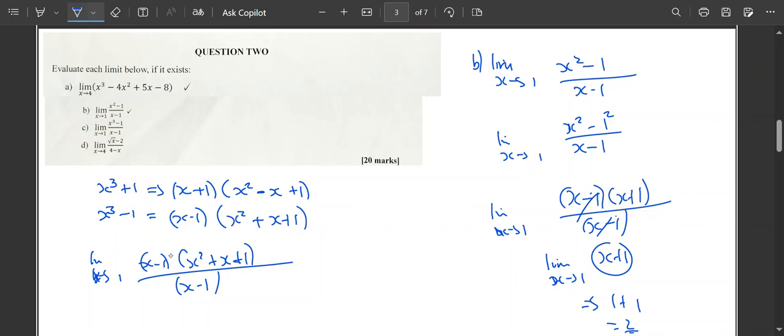Then this and this go. Now for the next stage, I'll substitute in what I've remained with: 1 plus 1 plus 1 again, which will give us 3. Okay, so that is it. This is the identity, if I'm not mistaken. So that's how you're supposed to solve that one.